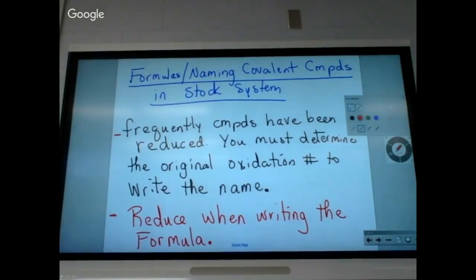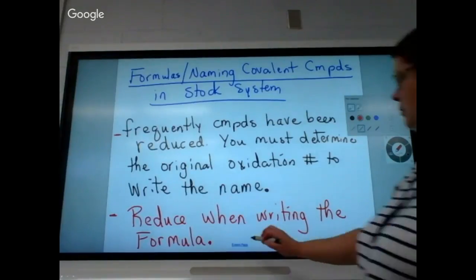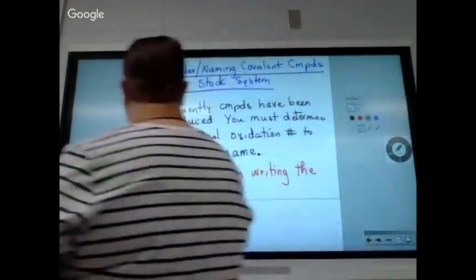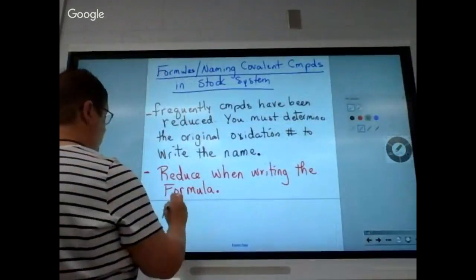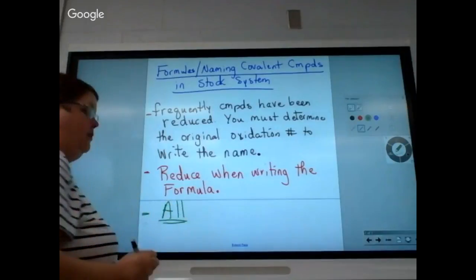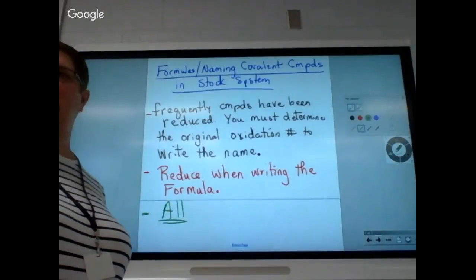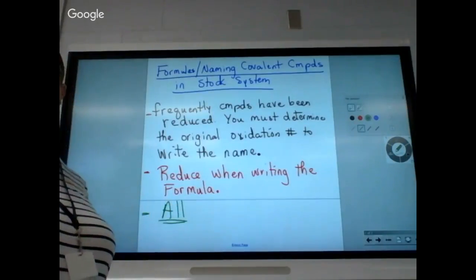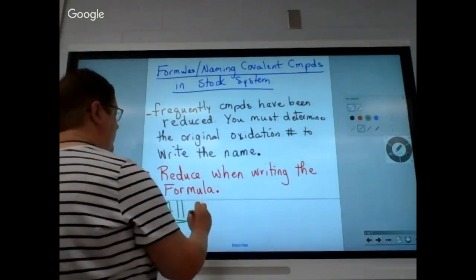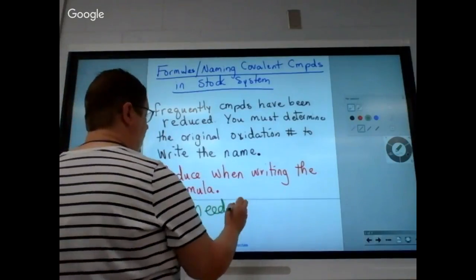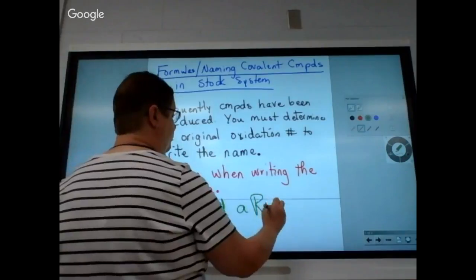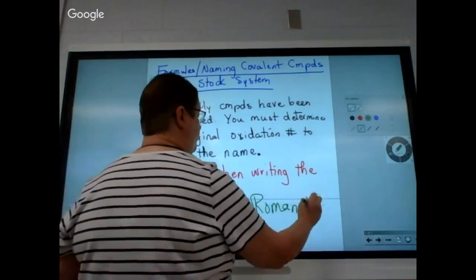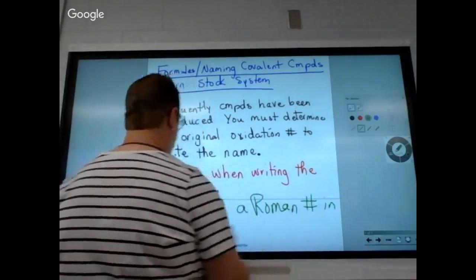Now, the last thing I'm going to tell you. And what I told you the other day about always, I almost never say that word. You will always need a Roman number in covalent compounds.